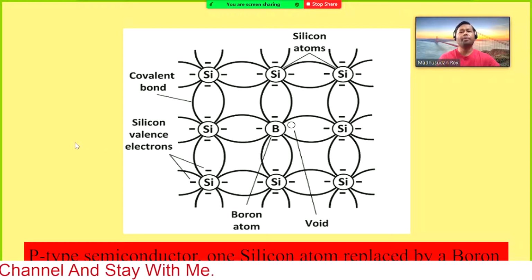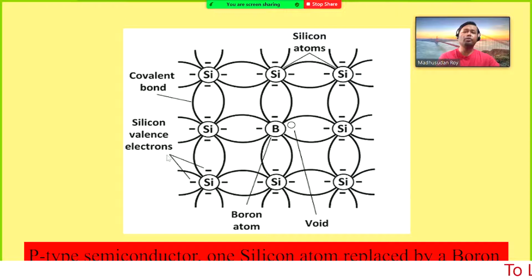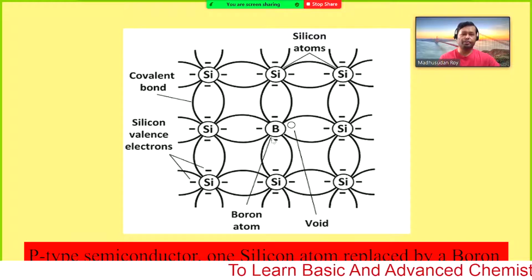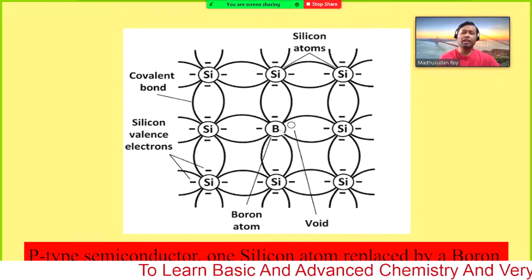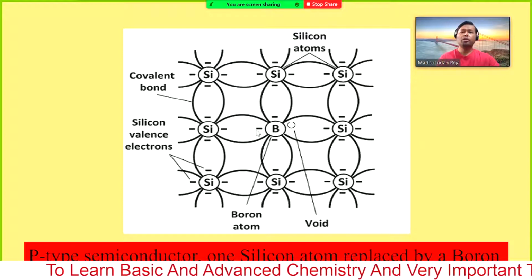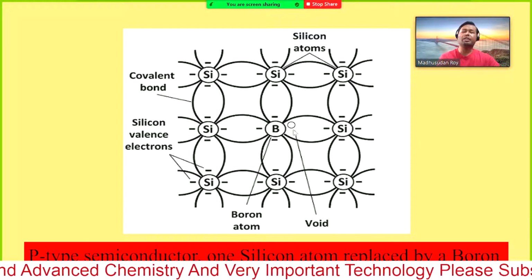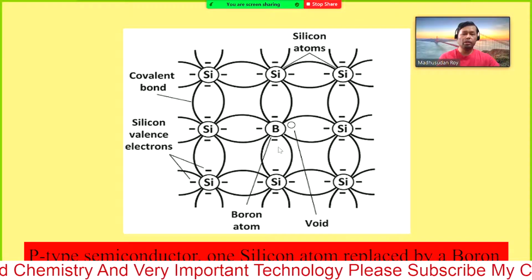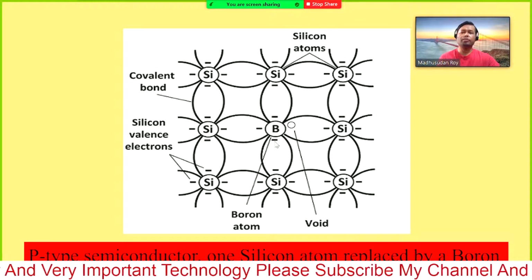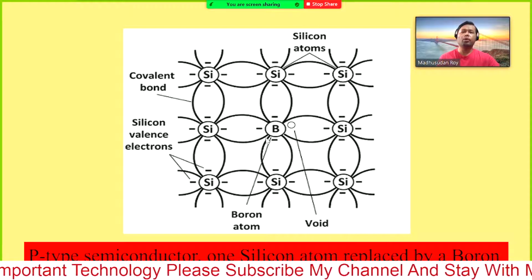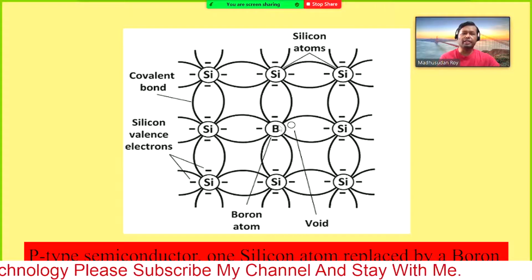I have mentioned that to prepare a p-type semiconductor, we need to add a trivalent atom by replacing one silicon atom. If we consider silicon, all the silicon atoms have 4 electrons in the outermost shell, so each silicon is bonded with 4 nearby silicons.